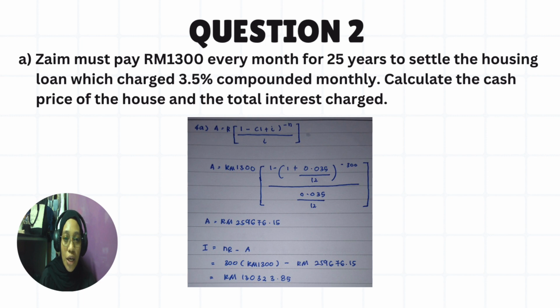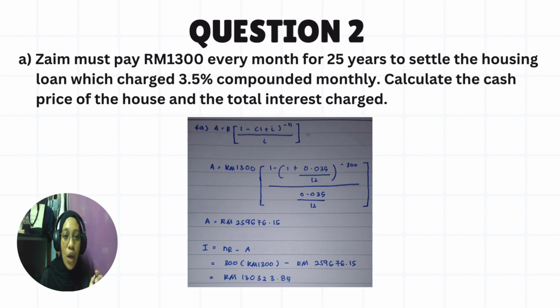To calculate the cash price of the house, we can use the formula A equals R bracket 1 minus 1 plus I power negative N over I. So we can fill in the information that I have put before this.